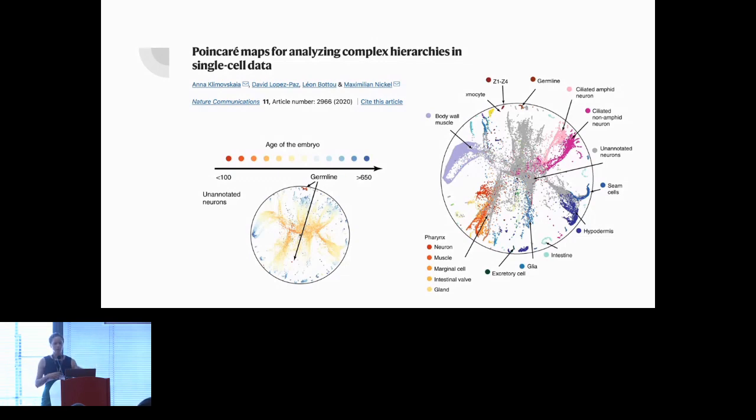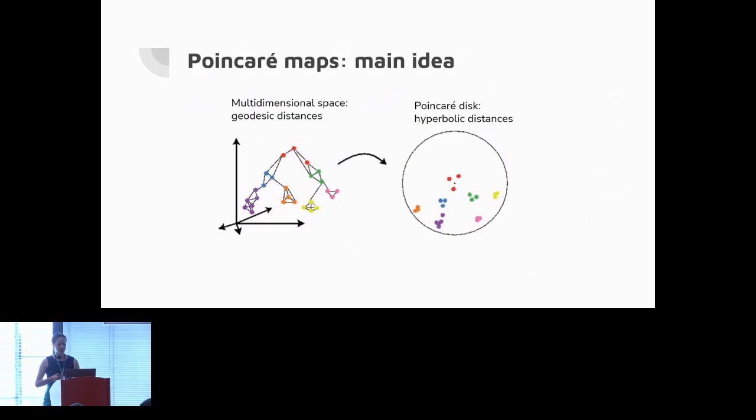And the more you go to the border of the Poincaré disk, the more differentiated the cells are, as it also correlates well with the age of the embryo as shown in the other picture. And since the problematic is quite similar, finding a way to represent evolutionarily divergent proteins, we have decided to adapt it for the protein data.